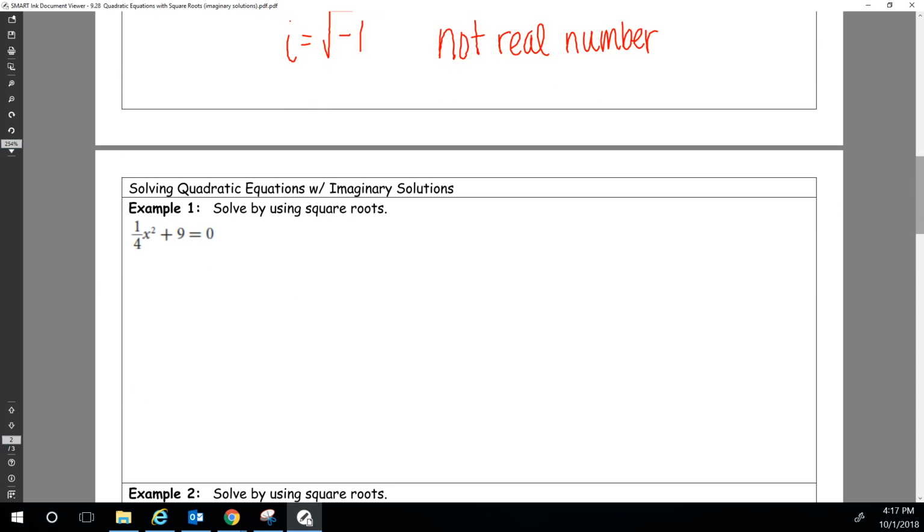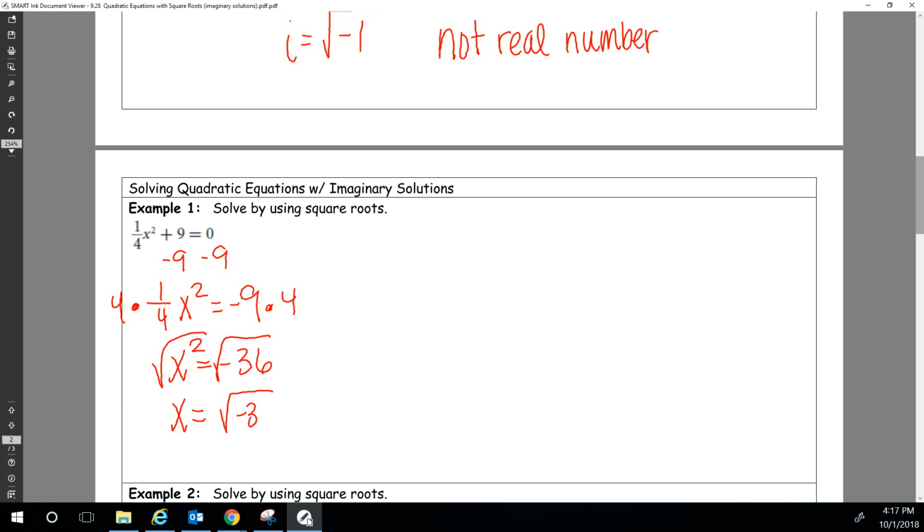All right, so if we look at example number 1, I'm going to move my 9 over. I get 1/4 times x squared is equal to negative 9. I'm going to get rid of this 1/4, so I'm going to multiply by 4. X squared is equal to negative 9 times 4, which is negative 36. We're going to take the square root of both sides, and I get x is equal to the square root of negative 36.